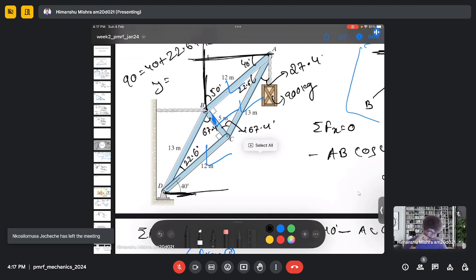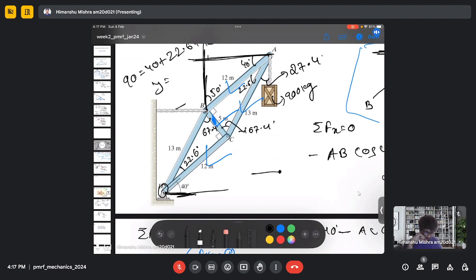Or let's consider joint D because it is much easier if we consider joint D. Because if we consider joint B, then there will be some force in this rope T. Then there will be multiple members like BD, BC, and BA. We need to consider all these member forces. If we consider joint D, this is my reaction dy, we only need to consider two members.